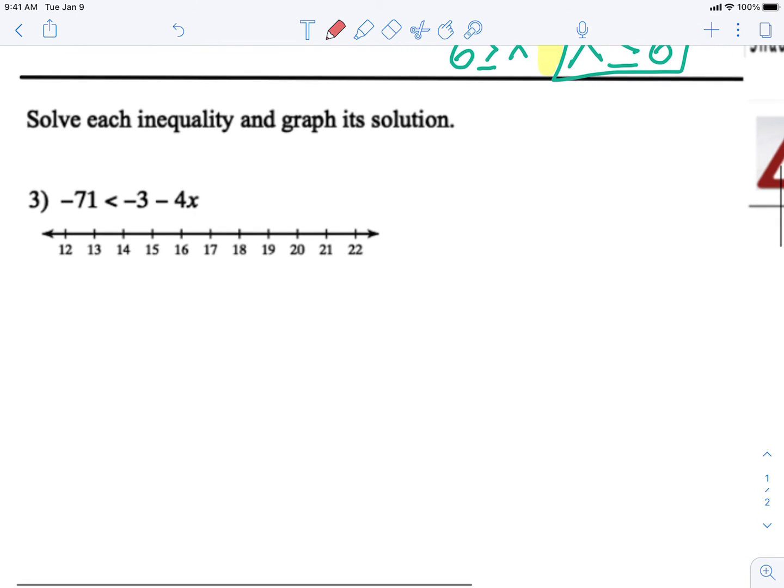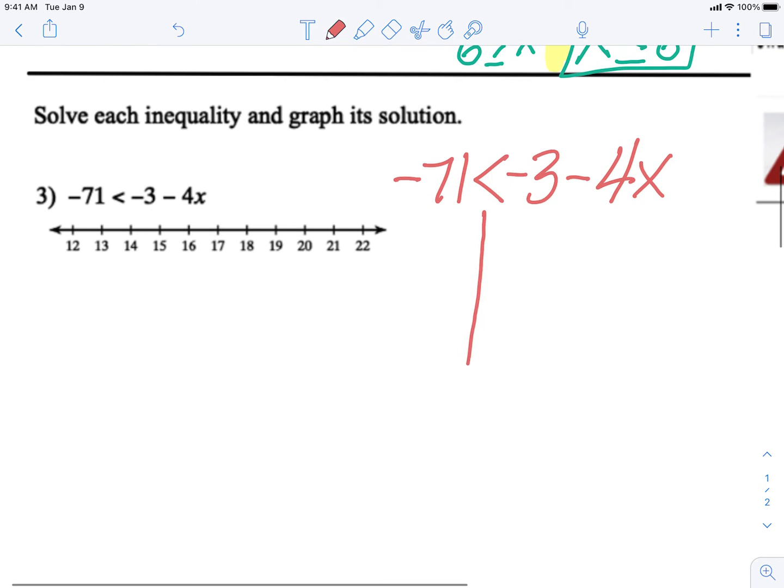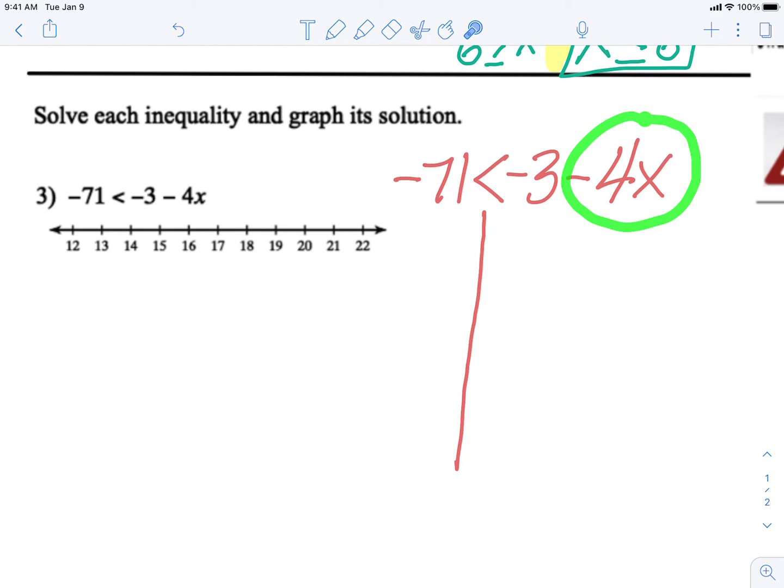All right, so let's recopy. Let's recopy our -71 is less than -3 minus 4x. Okay, so I'm going to draw my line of separation. So I know that I'm going to do this -4x because it has the x second. So that means I got to move this -3 over and make it a +3, just like that.